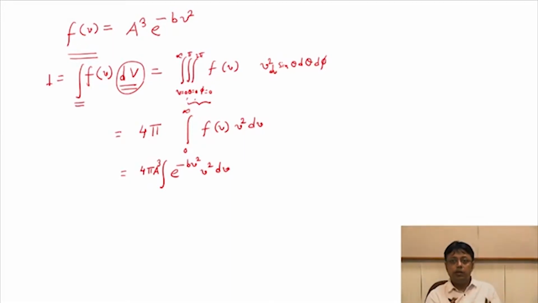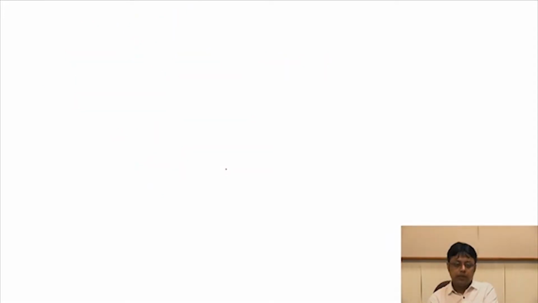Now for evaluating this integral, we can use a standard integration table, but I'll not use that. I'll rather tell you how we can solve this kind of integral in general.